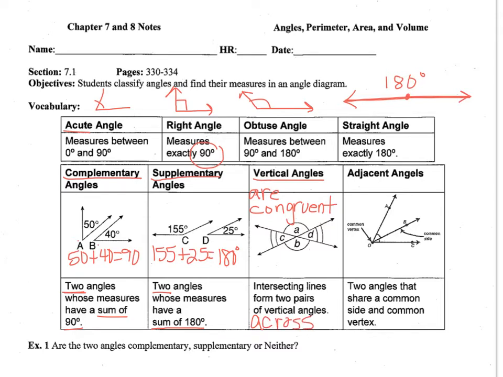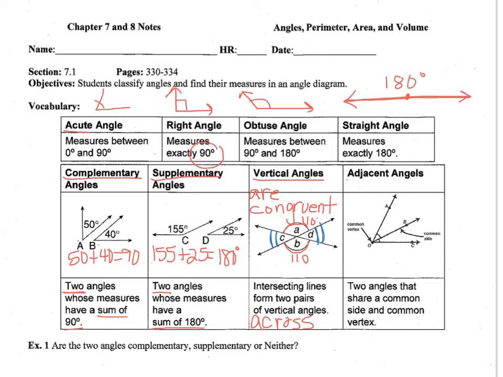If I highlight A and I highlight B, I know they're congruent. So if it was 110, I know that angle B is also 110. Also, angle C is vertical to angle B, so I would know those are also congruent, which is very helpful when I'm trying to figure out all my angle measurements.